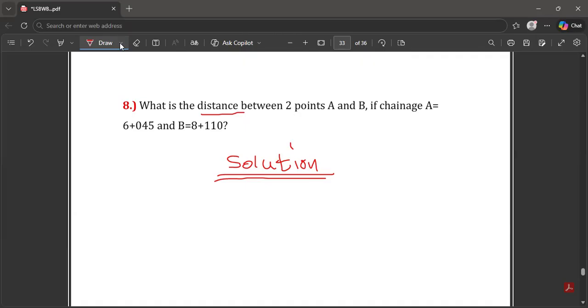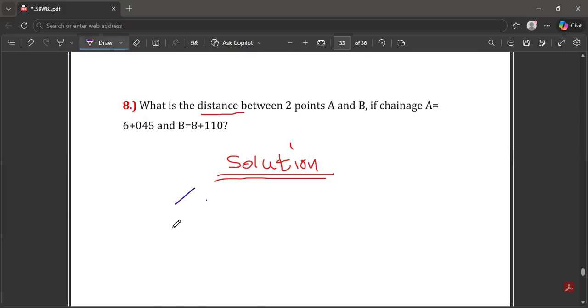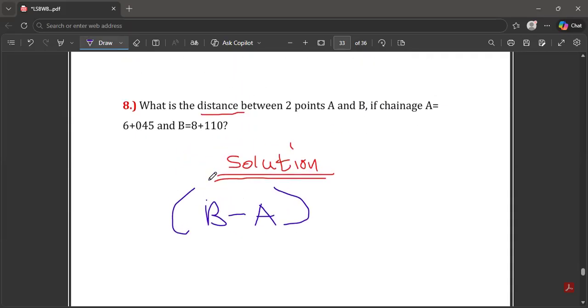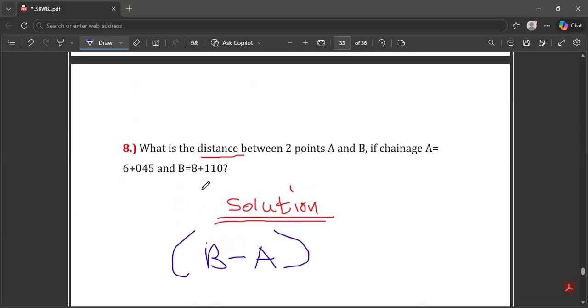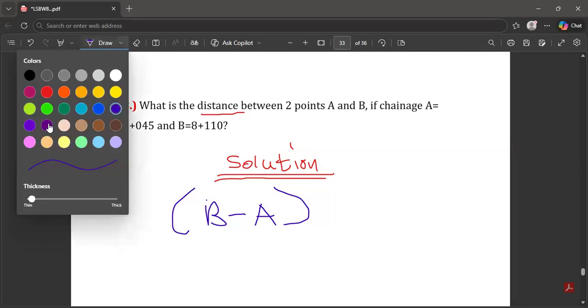We have to subtract A from B. B minus A. Anytime we hear distance, it's different. You should know that you're always going to subtract the final value minus the initial value. But we have to do the conversion.